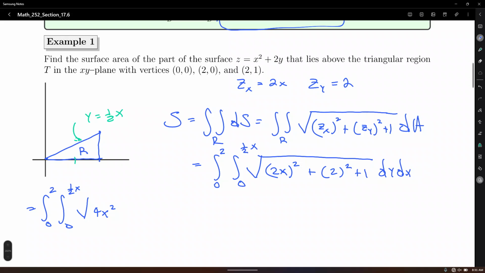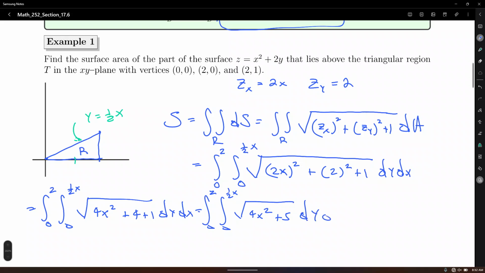So make sure to square both, and plus 2 squared, which is 4, plus 1, dy dx. Okay, so that's the integral from 0 to 2 and from 0 to 1/2 x, square root of 4x squared plus 5 dy dx.